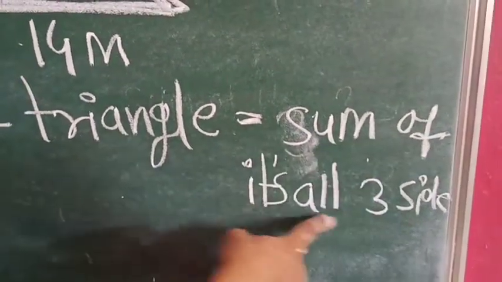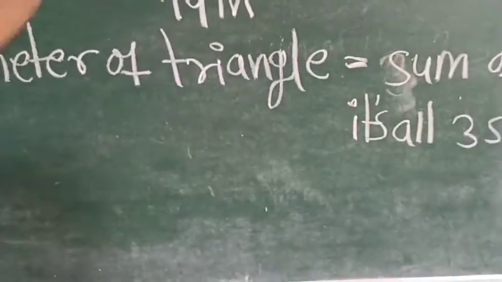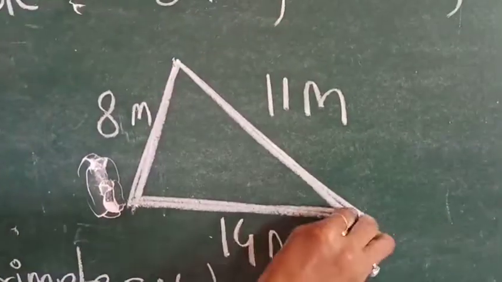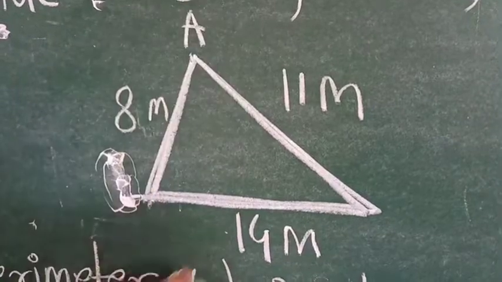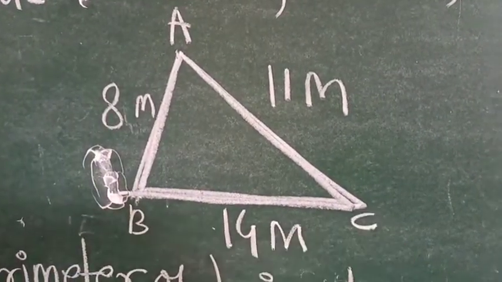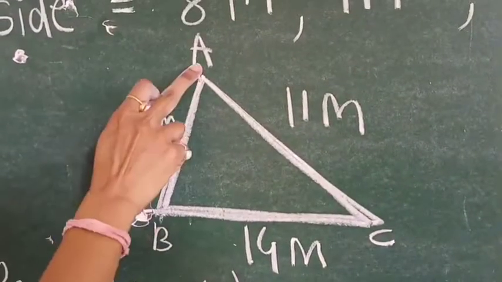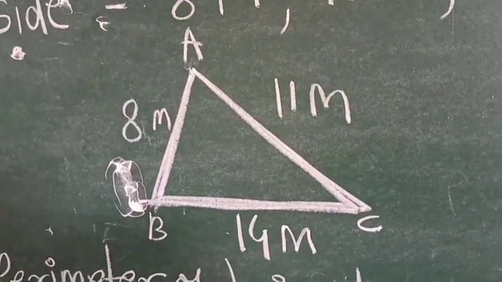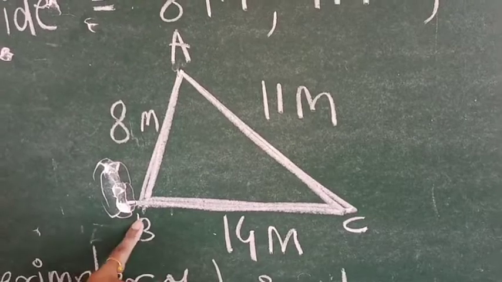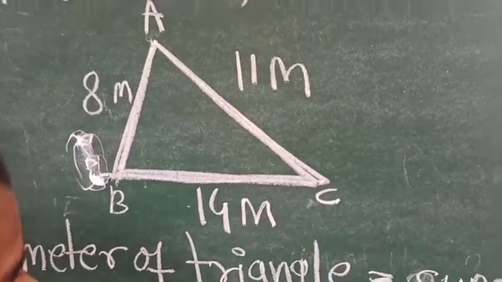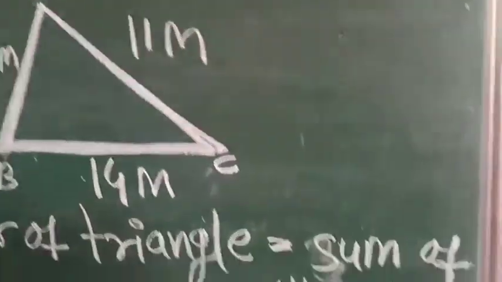Sum of its all 3 sides. It means you have to add all these 3 sides. Give the names like this. So first you have to write AB plus BC and CA.